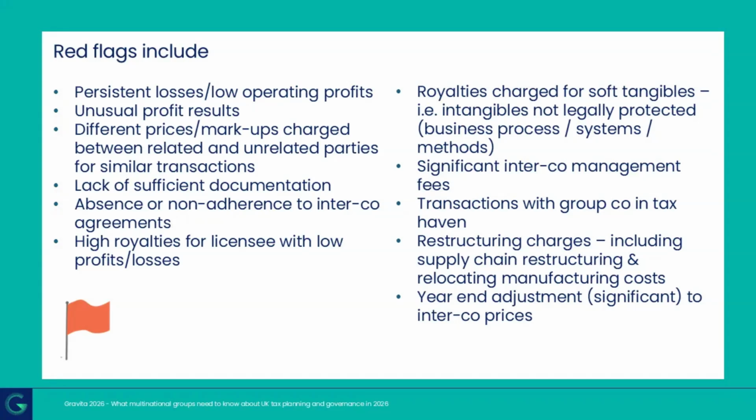Perhaps the UK company is relatively small, providing marketing support services, let's say, to the parent, and it's incurring its costs perhaps for staff, perhaps for a small office to do that. But in many cases, it operates at a loss year on year on year. And we just see in the tax computation this loss ever accumulating. So something like that would certainly be raising red flags to HMRC.